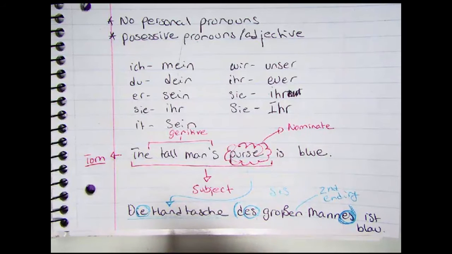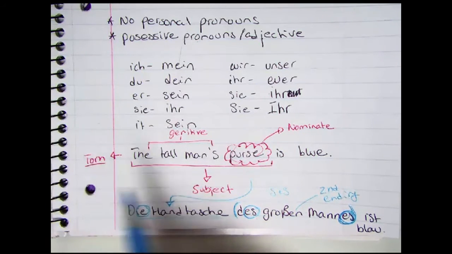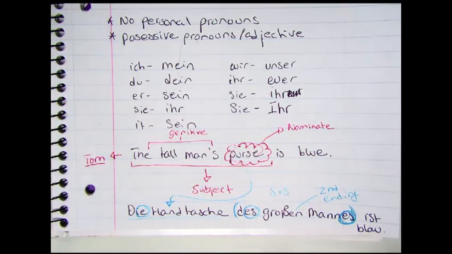Okay, so far so good, but we said this guy's name is Tom. So Tom is the person that owns the bag, and this is where it gets a little confusing.